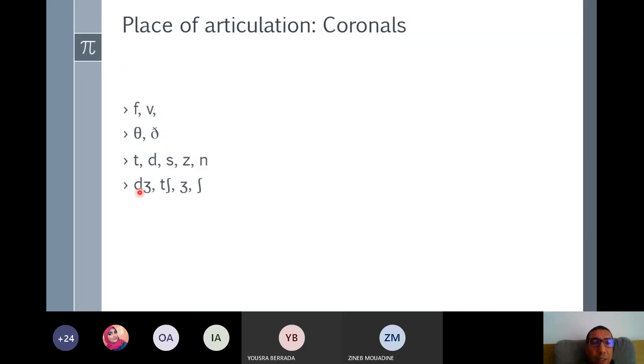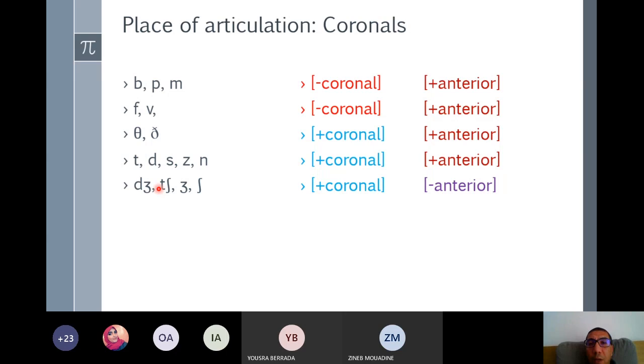These are coronals, and these are alveolars, and these are post alveolars. And then also of course p and b are labials. To characterize them, we use the feature coronal, so that the labials and the labiodentals are minus coronal because they don't involve the tip of the tongue. Those that involve the tip of the tongue, like the interdentals, the alveolars and post-alveolars, are plus coronal.